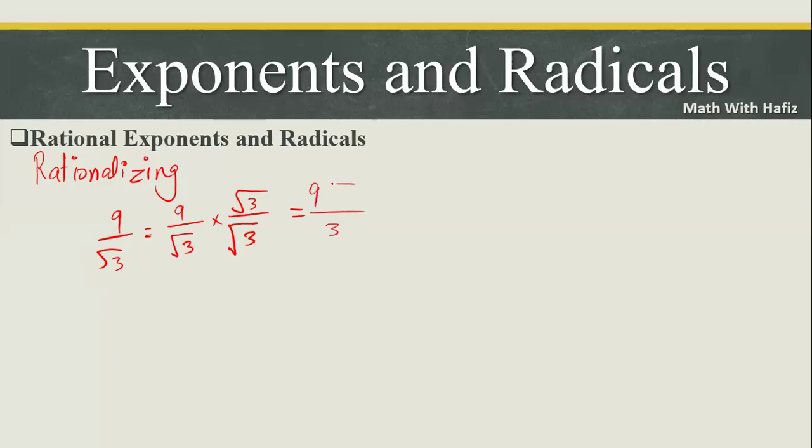In the numerator, once you multiply, you get 9 multiplied by the square root of 3. And we know 9 divided by 3 is 3. So the final answer will be 3 square root of 3.